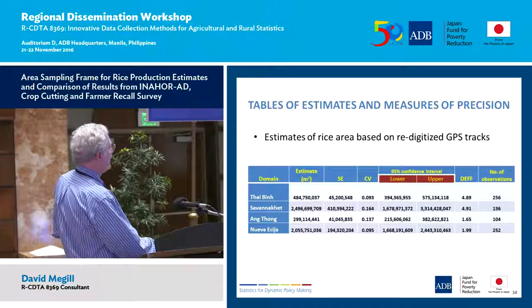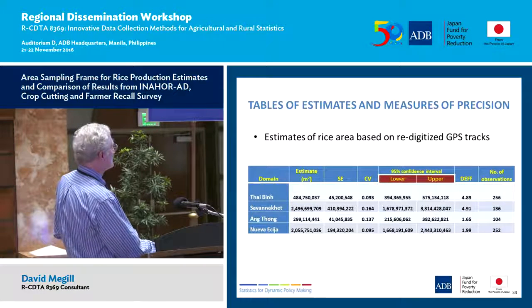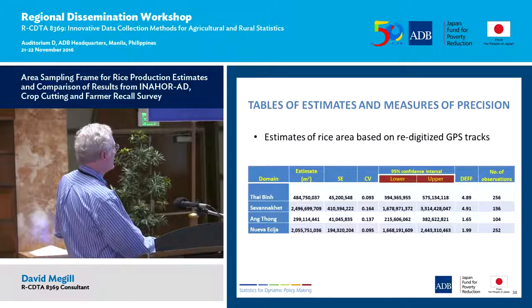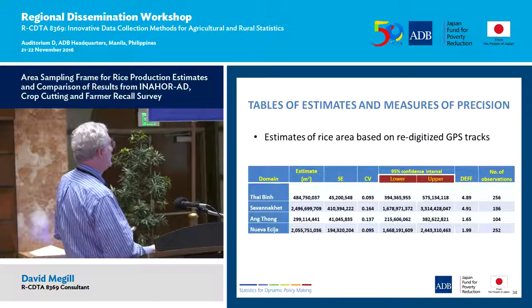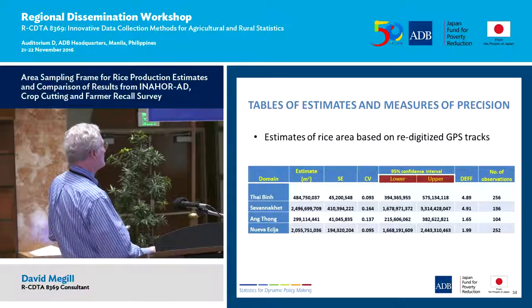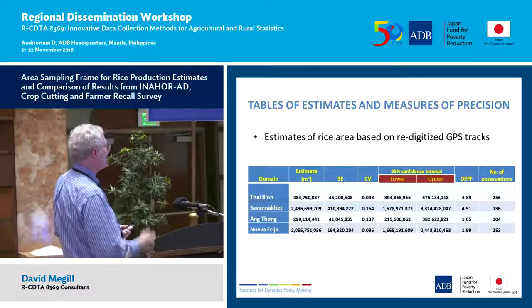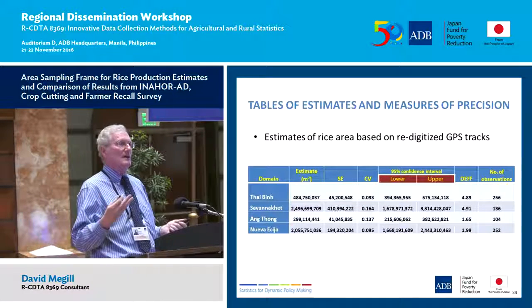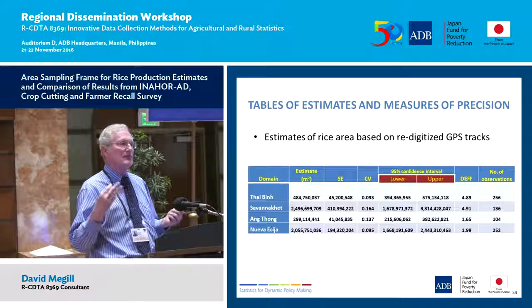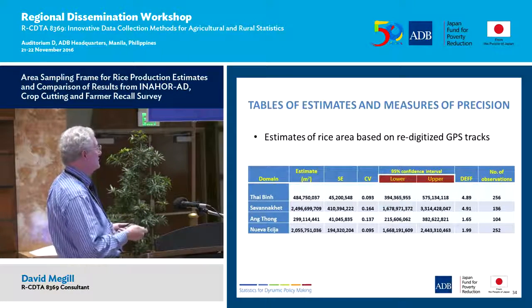And so in the case of Tai Binh, 9.3%, Savannakhet, 16.4%, which is relatively high, An Thong 13.7%, Nueva Ecija 9.5%. Now remember, this is from the area measured in the plots, again, from the redigitized track data.